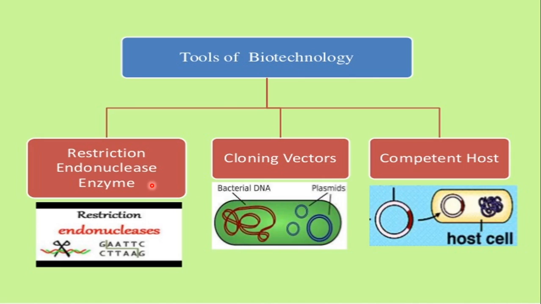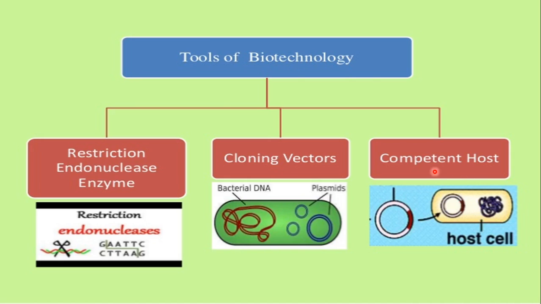From the first, we take out the DNA and cut our required DNA fragment, the required gene, with the help of the enzyme. Then that required DNA is inserted into vectors like plasmids, which are extra chromosomal self-replicating DNAs. The vectors will help in transferring the required DNA into the host. The host we call competent.